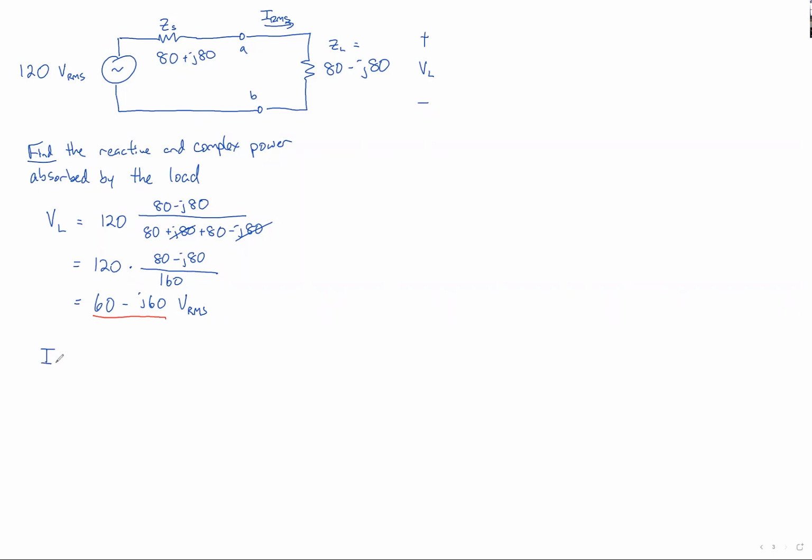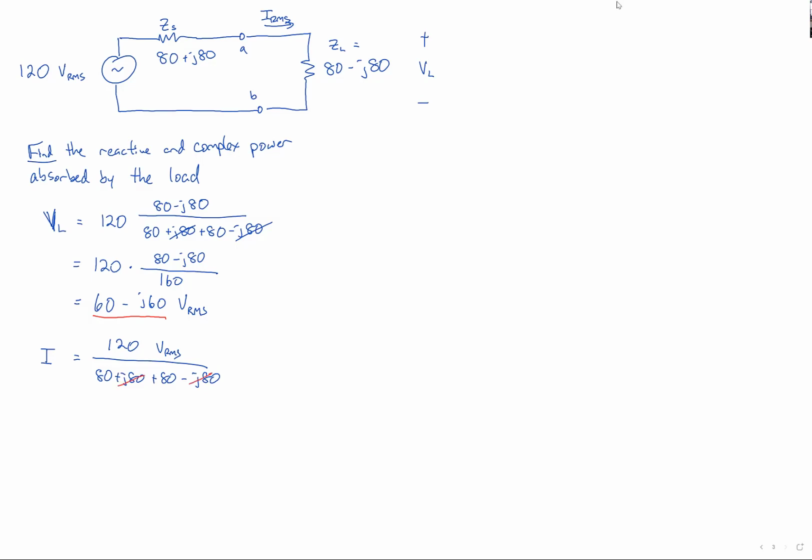Then we want to find the current. And the current's going to be equal to the voltage, and that's in volts RMS, divided by the total load impedance. And that will be 80 plus J80 plus 80 minus J80. And as before, the 80s cancel.